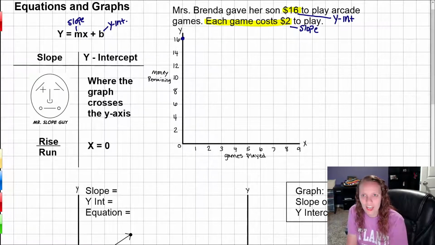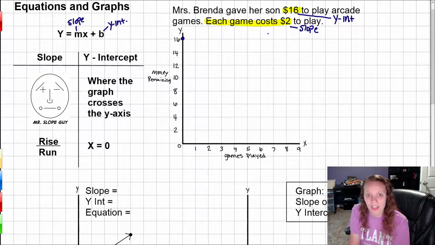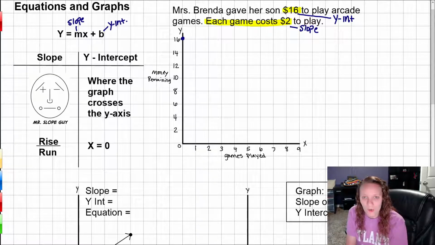And then each game costs $2. So as the son plays more and more games, the money that he has goes down. So at one game he spent $2, and so now they have $14 left. At 2 games, they've now spent $4. Okay, and if you notice, each time we're going down by $2.